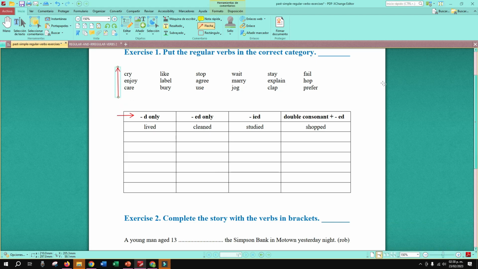You have all of them. I want you to classify them into the following categories. The ones that you just need to add D at the end, the ones that you need to add ED, or the ones that you need to change the Y to IED, and also double consonant and ED.